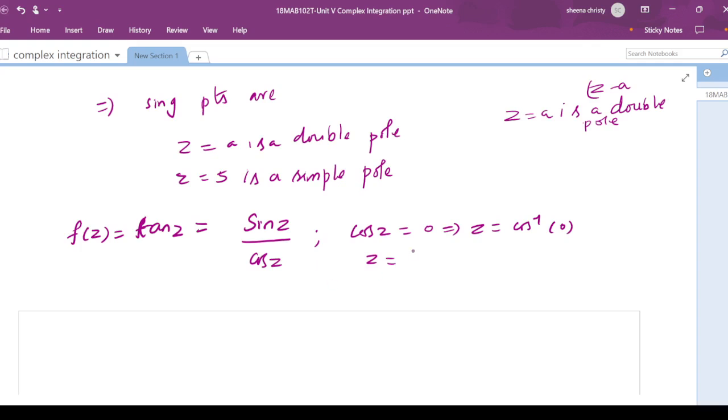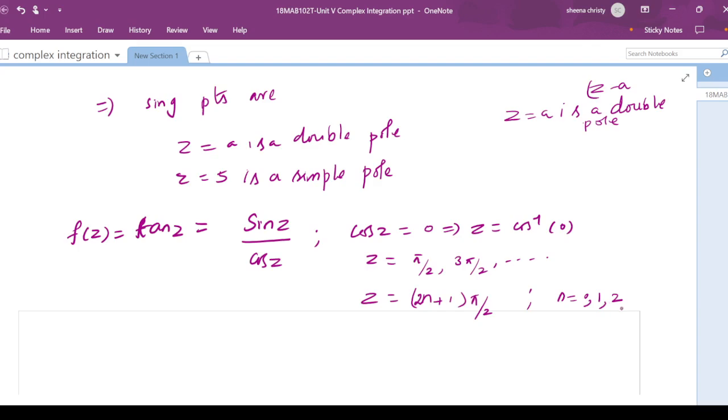It is pi by 2, 3 pi by 2, etc. If I am writing in the generalized form, you will get (2n plus 1) into pi by 2. By putting n equal to 0 here, you will get pi by 2. By putting n equal to 1 here, you will get 3 pi by 2. By putting n equal to 2 here, you will get 5 pi by 2, etc.